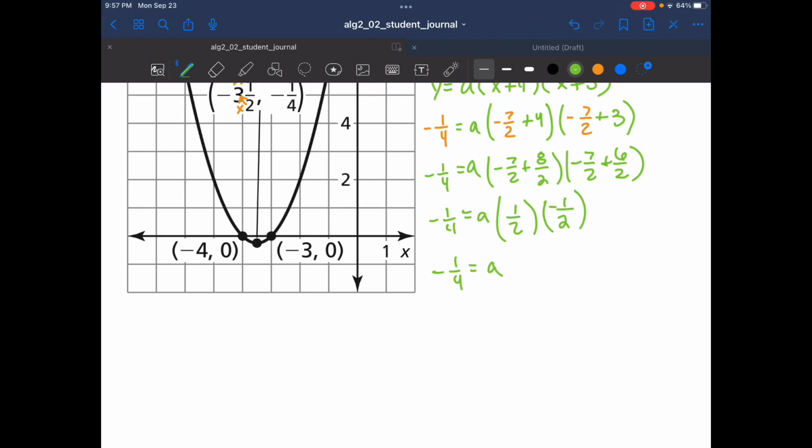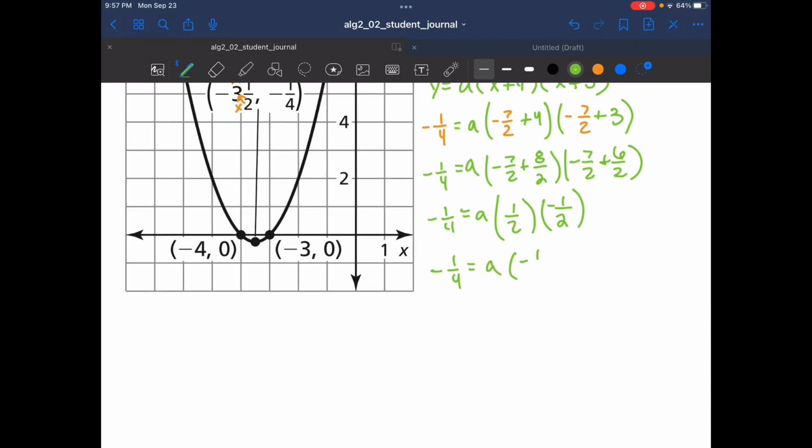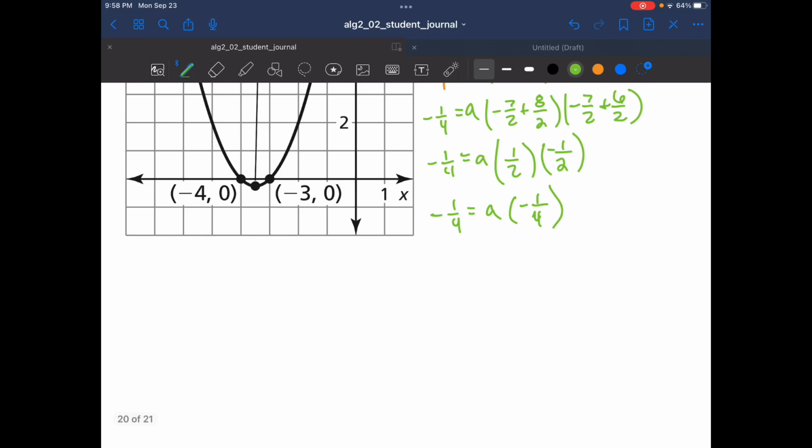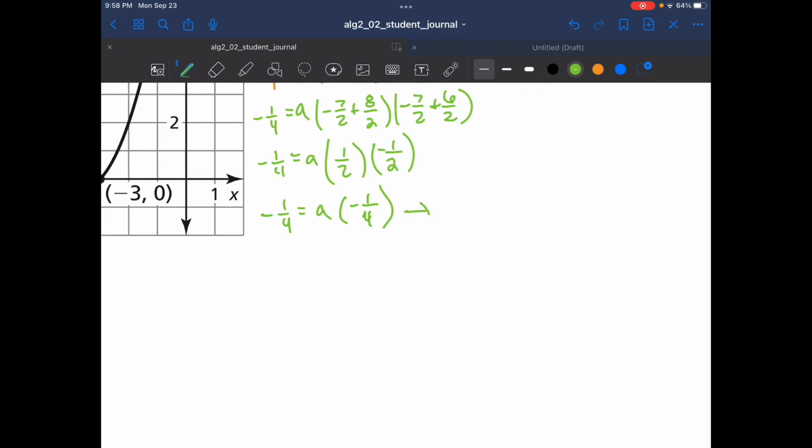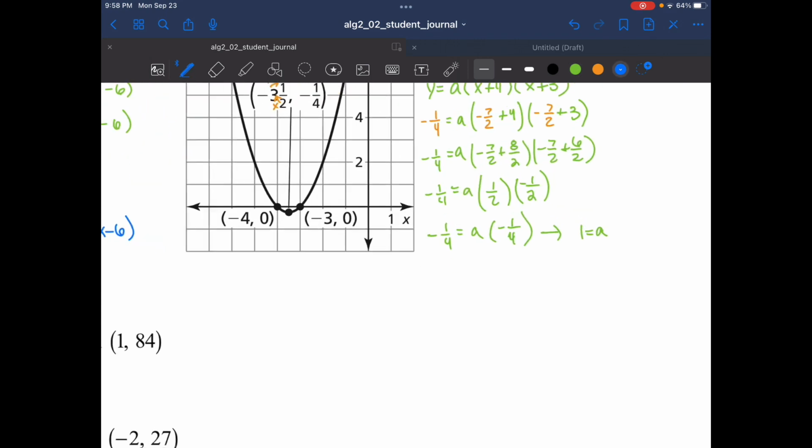So that's negative 1/4 equals a times negative 1/4, since 1 times negative 1 is negative 1, and 2 times 2 is 4. Negative 1/4 divided by negative 1/4 is positive 1, right, because a negative divided by a negative is a positive.